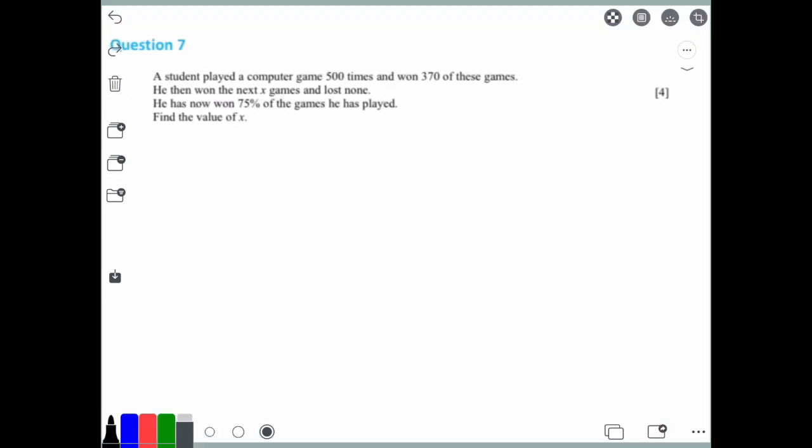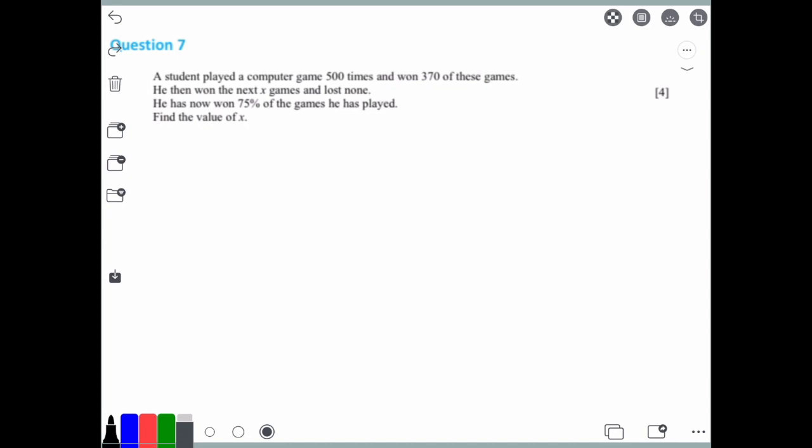A student played a computer game 500 times and won 370 of these games. He then won the next X games and lost none. He now has won 75% of the games he has played.